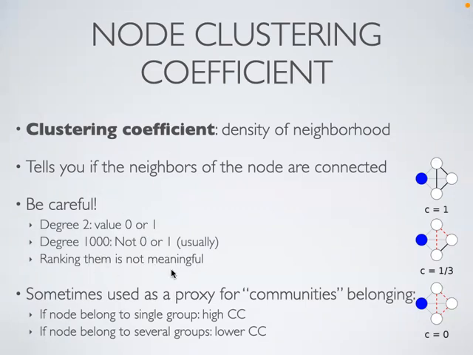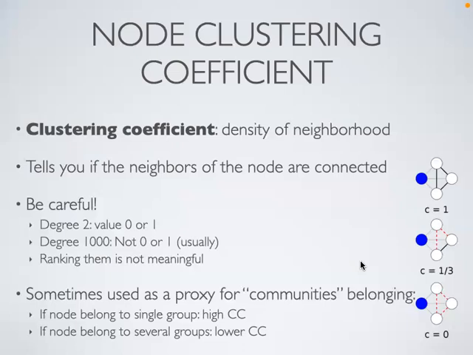One interpretation of the clustering coefficient is that it can be used as a proxy for belonging to communities in the network, in the sense that if nodes belong to a single group, they will tend to have a high clustering coefficient. If we consider your network only composed of the people from your current class, the people you know in the class probably also know each other.